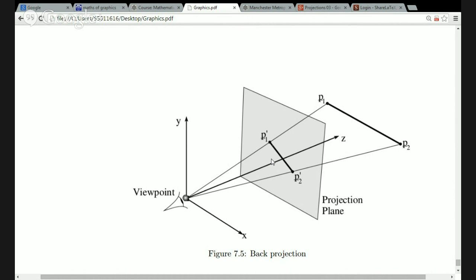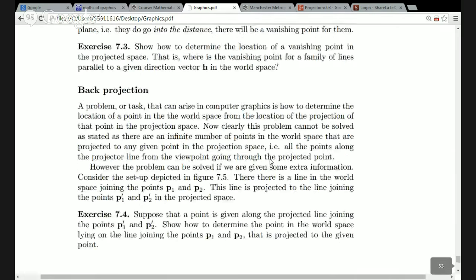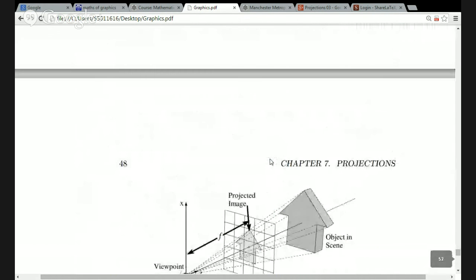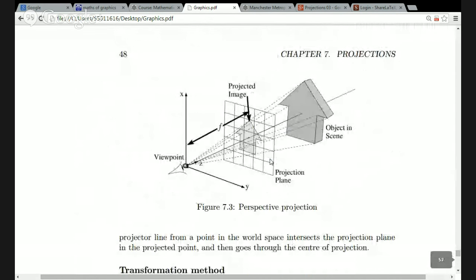Now, just stated like that, it's not a valid problem. It can't be solved because it doesn't have a unique answer. When you look at the diagram of perspective projection, it's obvious that every point on the screen, on the projection plane, is coming from an infinite number of points in the three-dimensional environment.